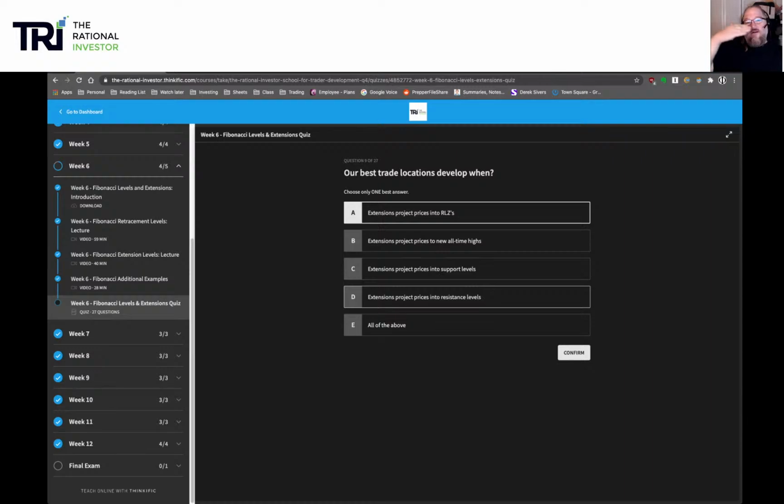Then we end up in an RLZ, and that's a great place to set up the reverse trade. Okay. And again, we're setting it up because of the RLZ, not because of the extension. Extensions are about taking profits. RLZs are about entering new trades.